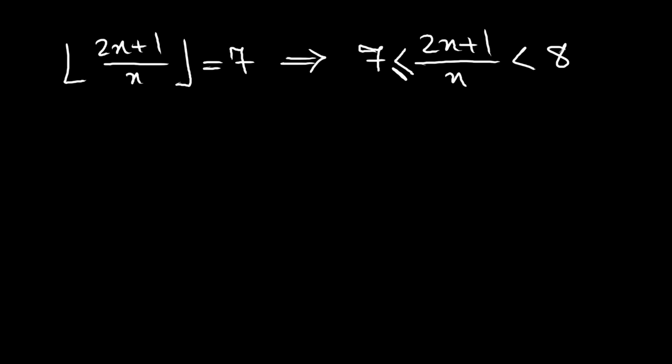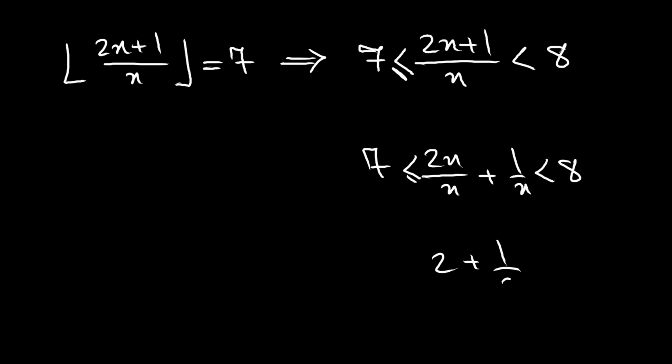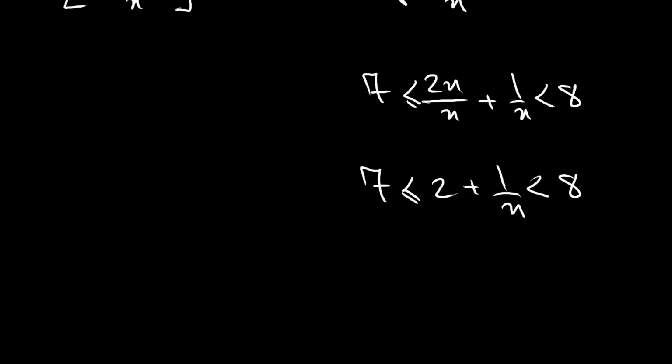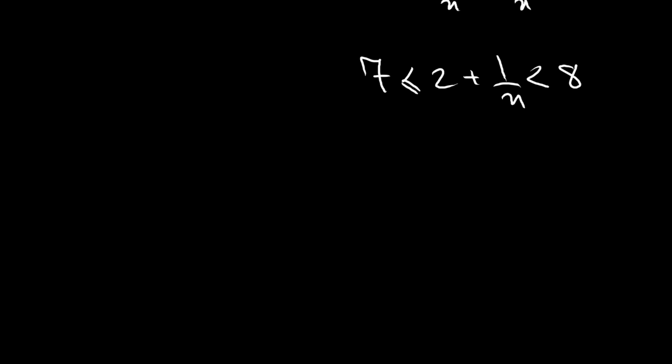So in order to find out where negative 30x lies, we need to find out where x lies. And in order to do that, the first thing that we need to do is to break this fraction into two fractions. So I can write this as 2x over x plus 1 over x. And this implies that 2 plus 1 over x lies between 7 and 8. Next, let's go ahead and subtract 2 from everything.